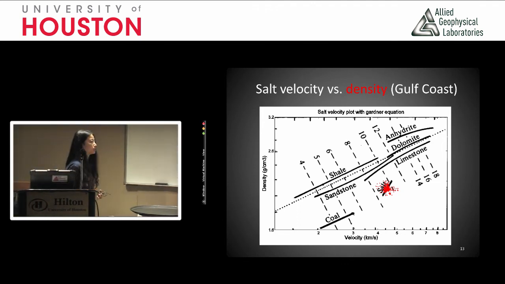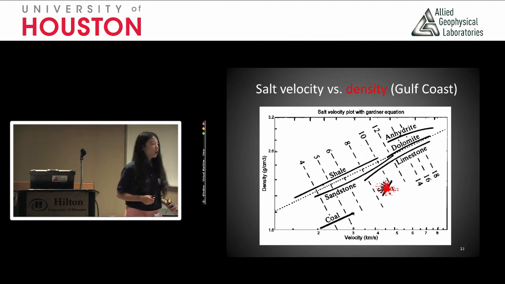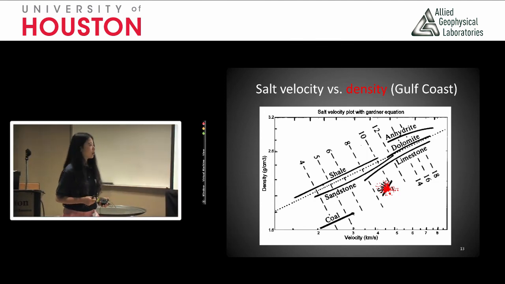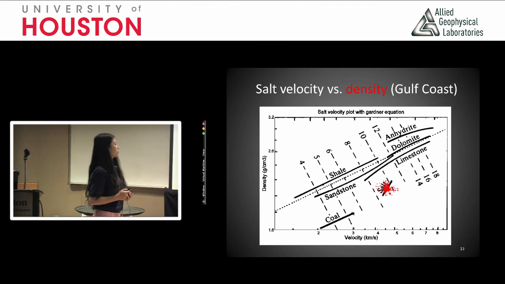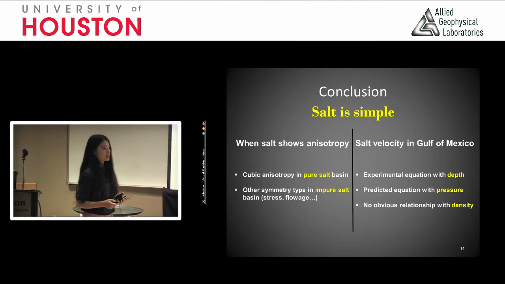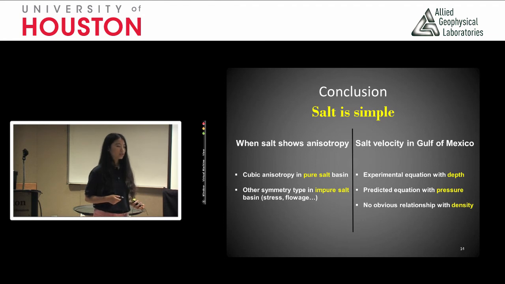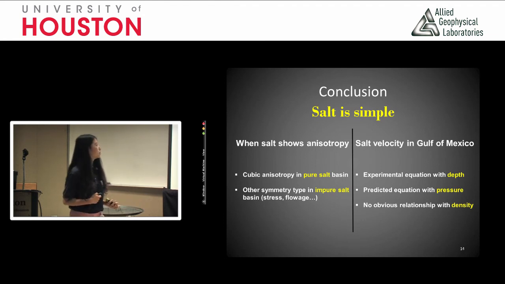So let's go to the conclusion. Basically, we did two parts in our study: the cases in which we expect salt anisotropy. The first is for pure salt, and the other is for the stress zone.